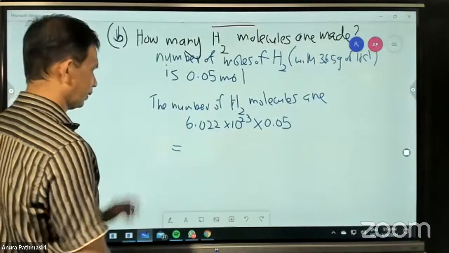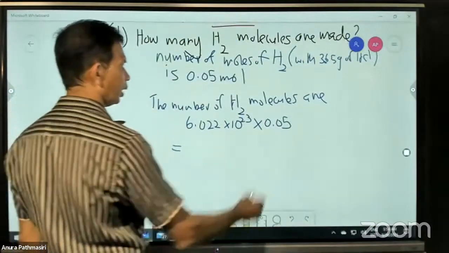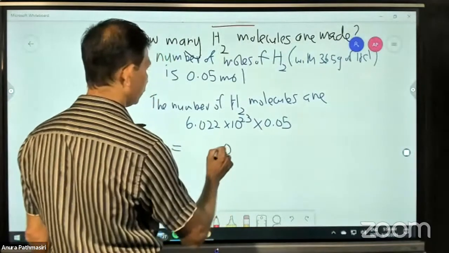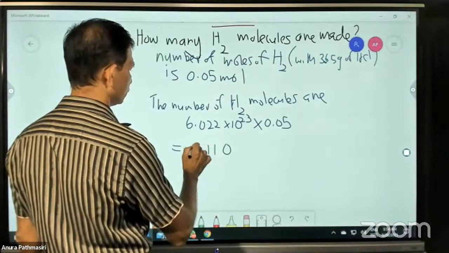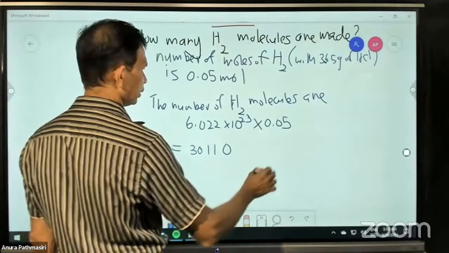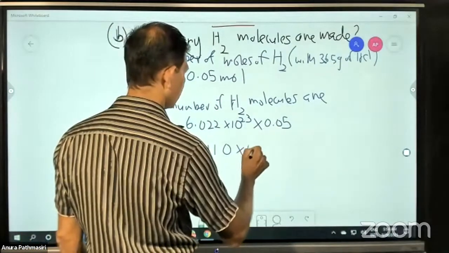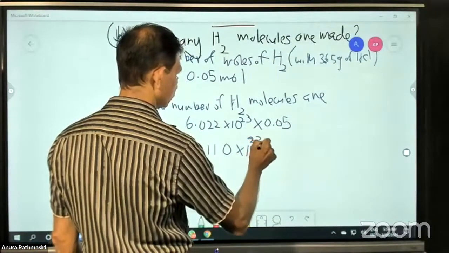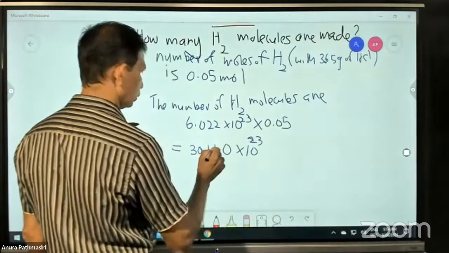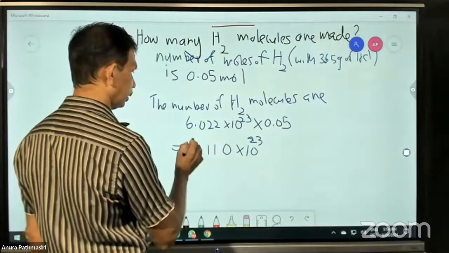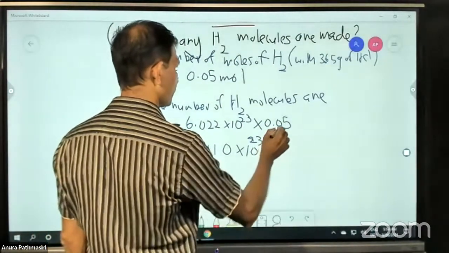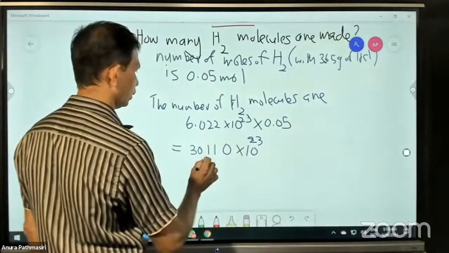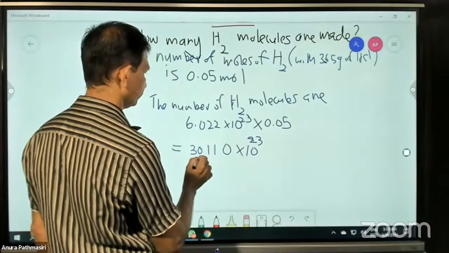What is the value? As the decimals are there, 1, 2, so you have to get another 2. So how many decimals should be there?